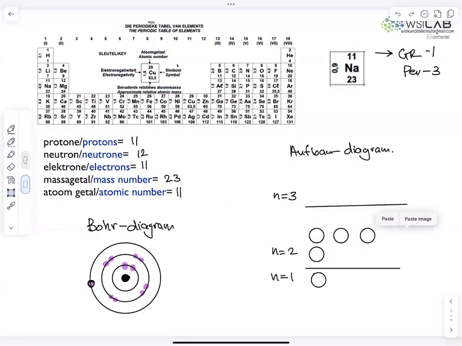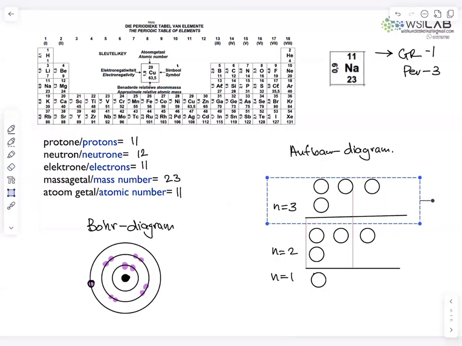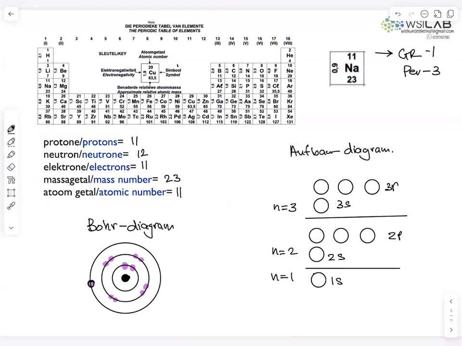So it's going to look like this. Remember, all the energy levels will have S's and P's. It's only energy level 1 that's got just a 1S. Now this one is 2S and 2P, 3S and 3P.